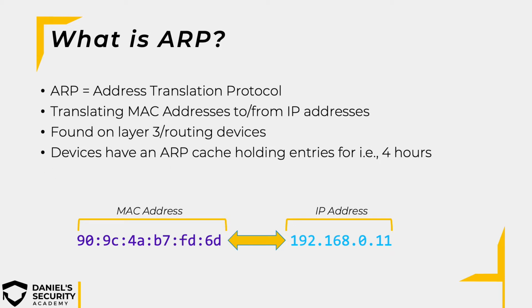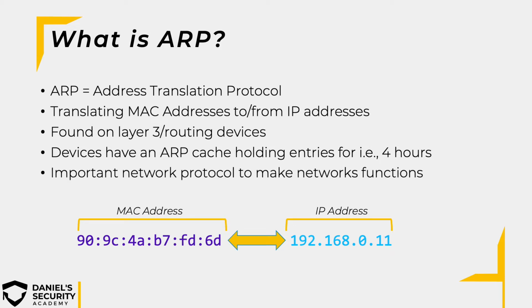This is just an example. And it is one of the most important fundamental network protocols we have, because without ARP we cannot communicate with each other. Without ARP we would need to have a static table per computer telling, okay, this MAC address belongs to this IP address and vice versa.